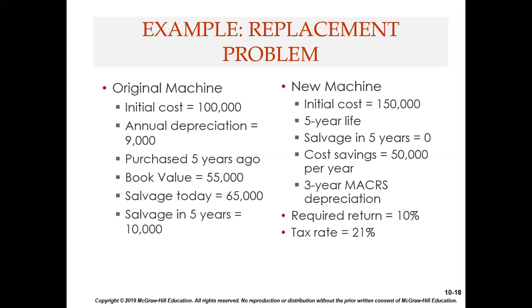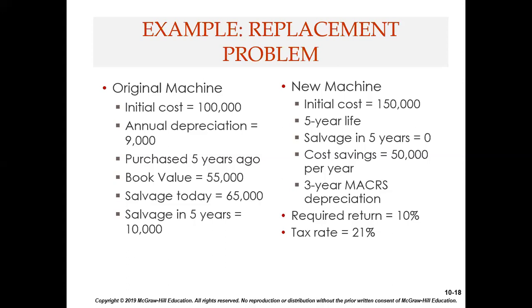We're thinking about replacing a machine we have. Here's the machine we have right now. It cost us $100,000. We have annual depreciation of $9,000. We purchased it 5 years ago. Its book value is $55,000. Its salvage value today is $65,000. If we keep it for 5 more years and not replace it, its salvage value will be $10,000.